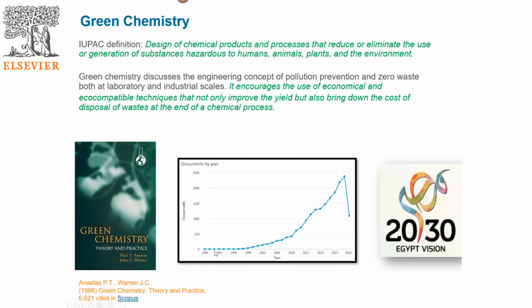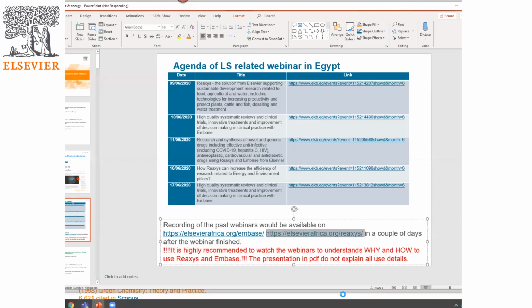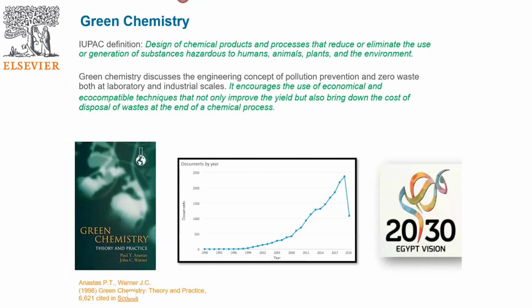The original concept and ideas were born in the 90s, and one of the books which can be called a Bible of green chemistry, Green Chemistry: Theory and Practice by Professor Anastas, is available on the internet, and you can find in Scopus more than 6,600 articles citing this book.